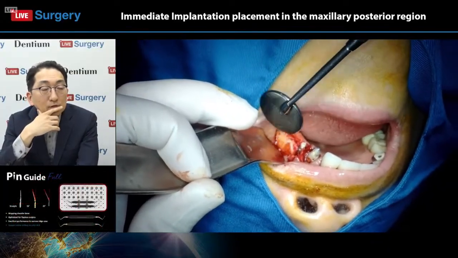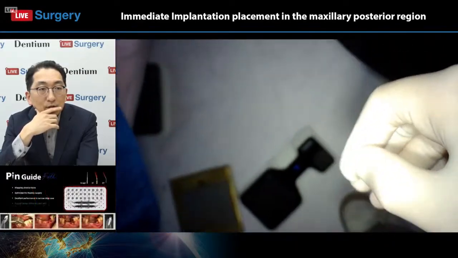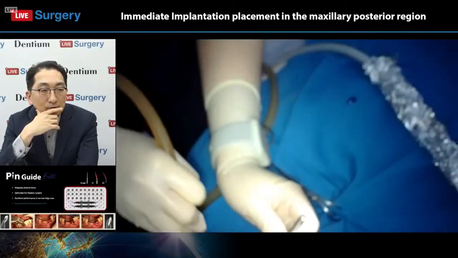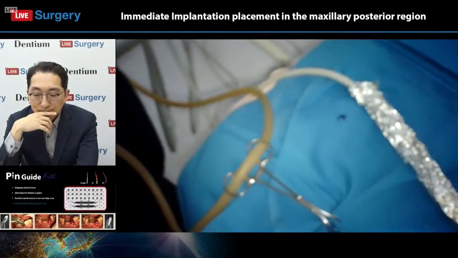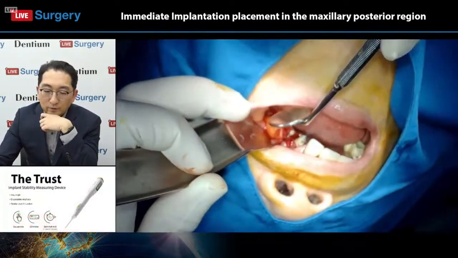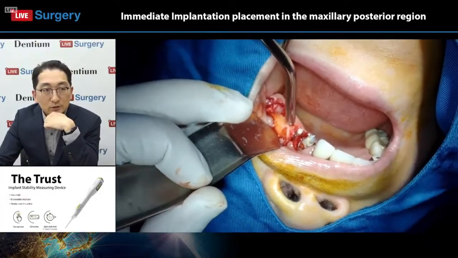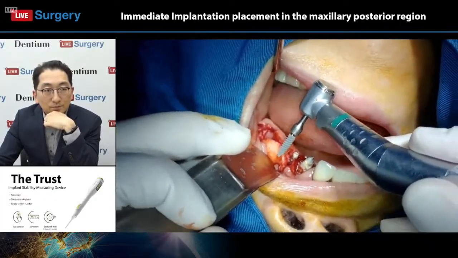And I will install the implant, 3 millimeter bright tissue level fixture. Implant is also being placed at the site 25 using the same drilling sequence as 24.